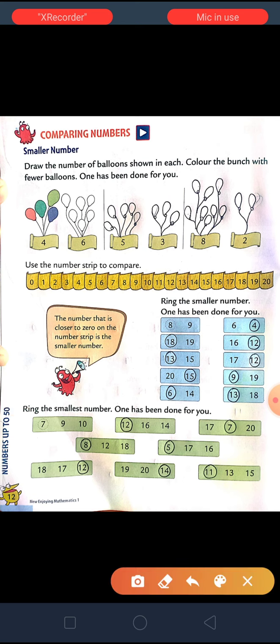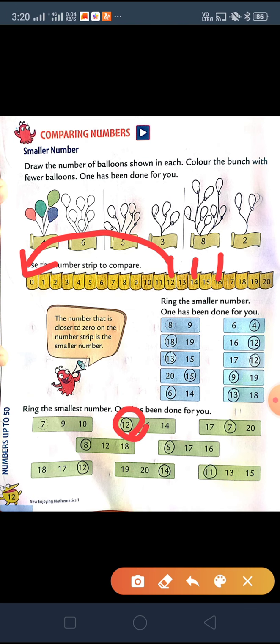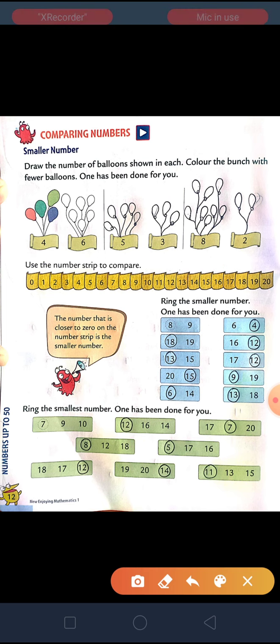Now next is 12, 16 and 14. From this, 12 is closer to 0. So 12 is the smallest number. Now next is 17, 7 and 20. From this, 7 is closer to 0. So again 7 is the smallest number.